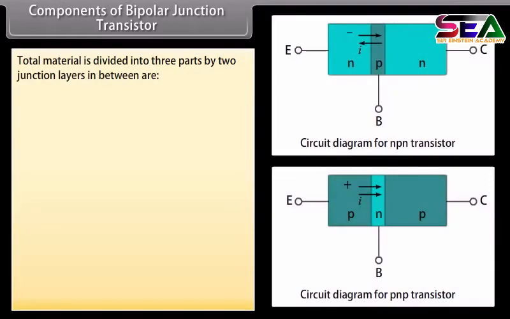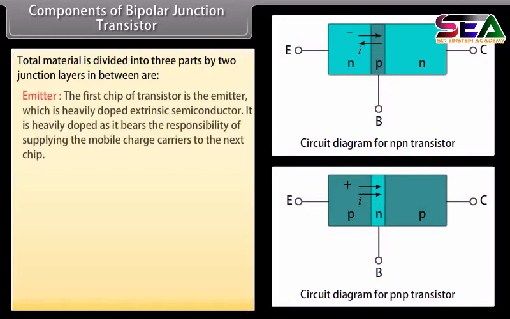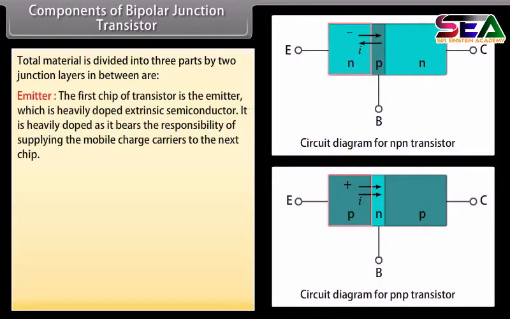The total material is divided into three parts by two junction layers. In between are the emitter. The first chip of the transistor is the emitter, which is a heavily doped extrinsic semiconductor. It is heavily doped as it bears the responsibility of supplying the mobile charge carriers to the next chip.